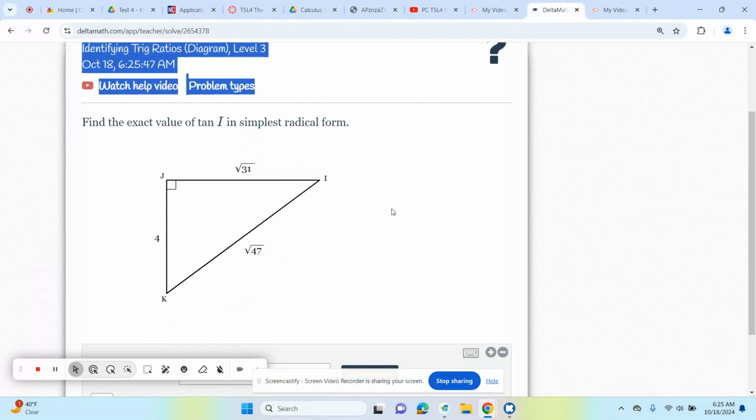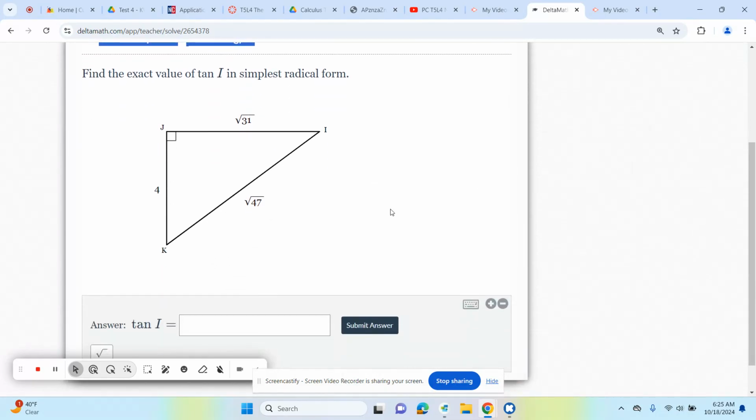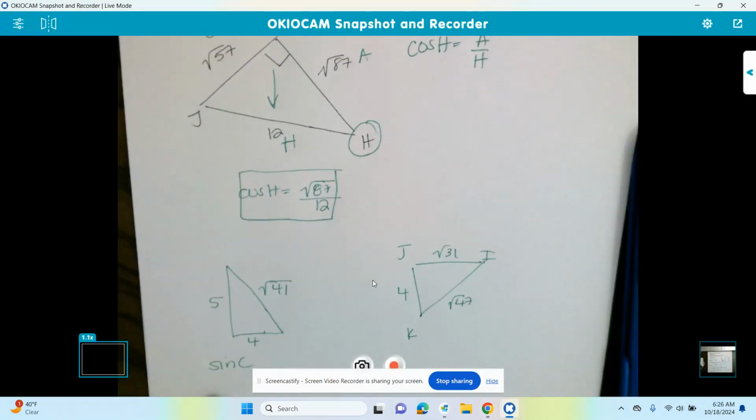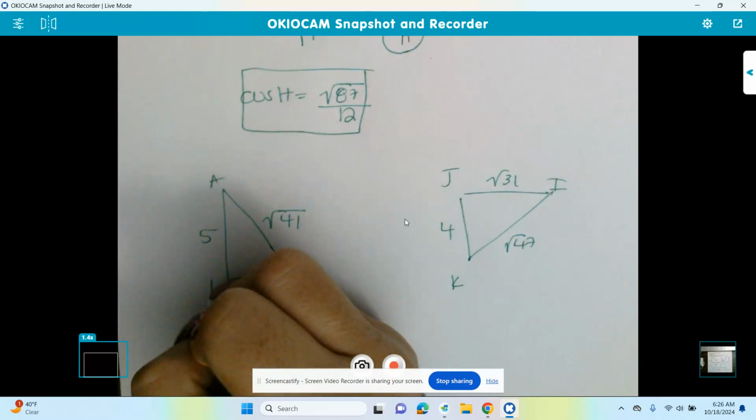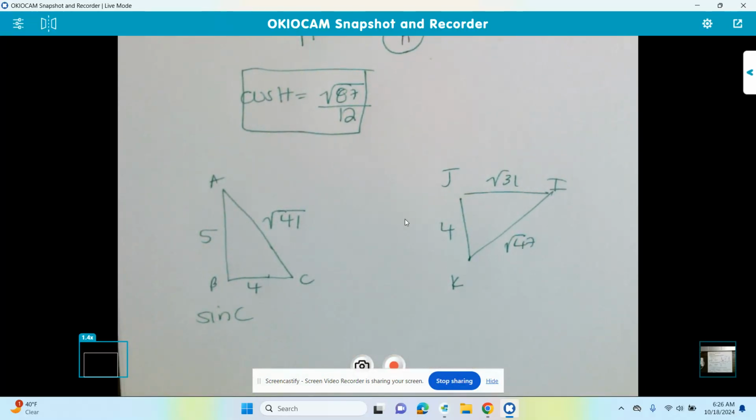All right, tangent of I. This is the other one I'm going to do here. Okay, so let me go back. Now I forgot on the second one, on the sine of C, I don't know which one was which, so we're just going to make it A, B, and C. It doesn't matter.